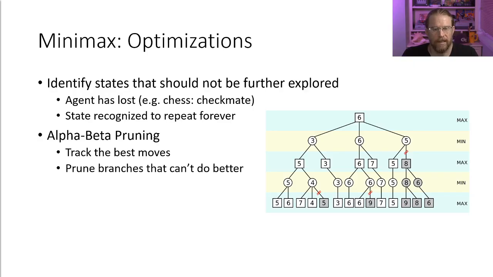Another powerful technique is called alpha beta pruning. This is where you're tracking the best moves. It is based on the Minimax algorithm, actually the propagation back and the scoring.